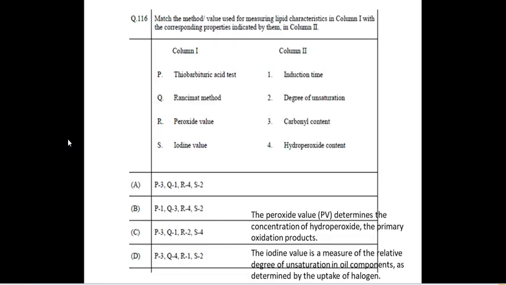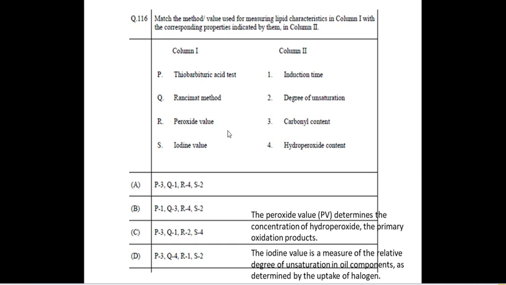Okay. Next is match the method or value for measuring lipid characteristics in column 1 with the corresponding properties given in column 2. So, the first test is the thiobarbituric acid test, which is used to determine the carbonyl content. Next is the Rancimat method, which is generally used to determine the induction time, and next is peroxide value, which is generally used to determine the concentration of hydroperoxide, which is a primary oxidation product.